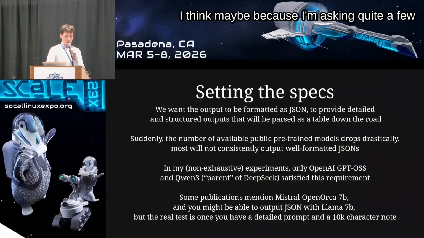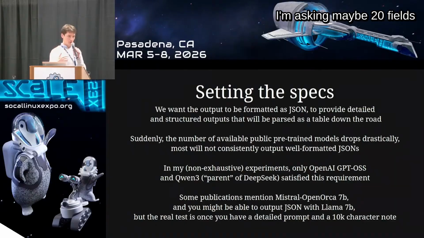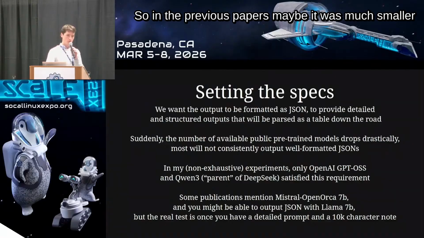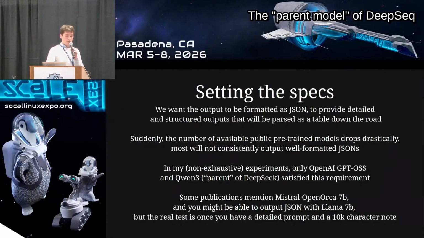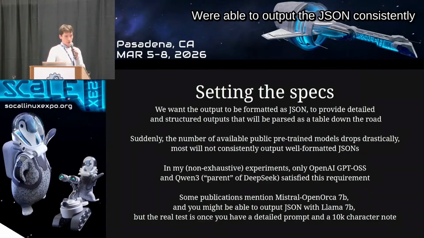I think maybe because I'm asking quite a few, maybe 20 fields. So in the previous papers, maybe it was much smaller. From what I saw, only GPT-OSS and Qwen, the parent model of DeepSeek, were able to output JSON consistently.